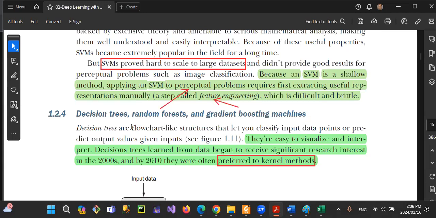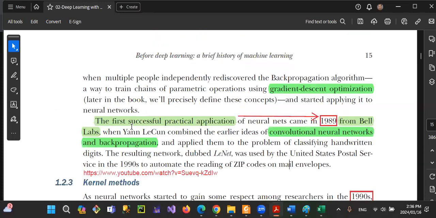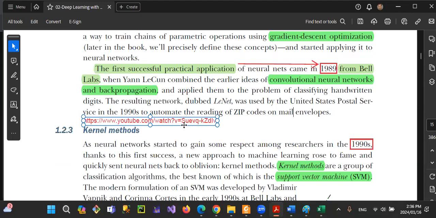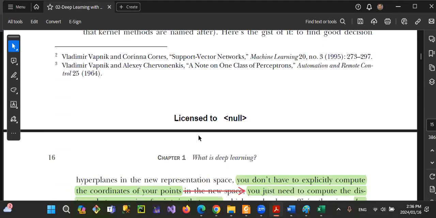And that was, in most cases, the best algorithm. So for structured data, gradient boosting would be the best. For perceptual data, like pictures, sounds, whatever, the best would be deep learning.